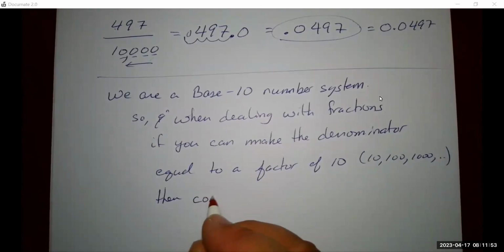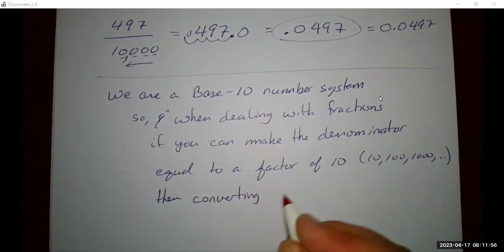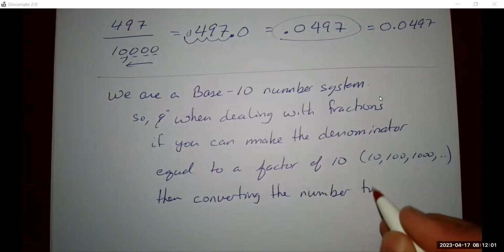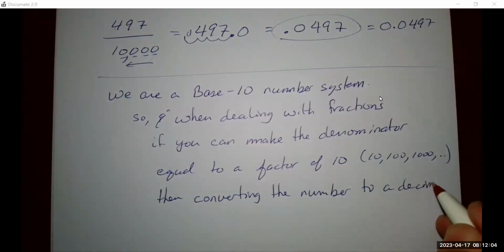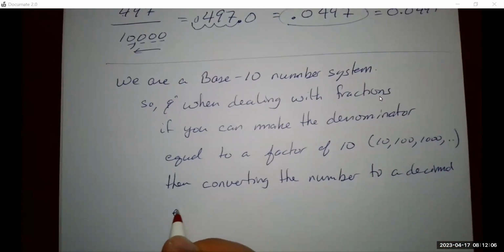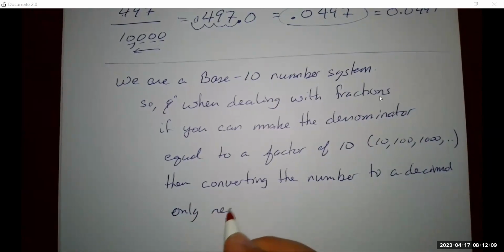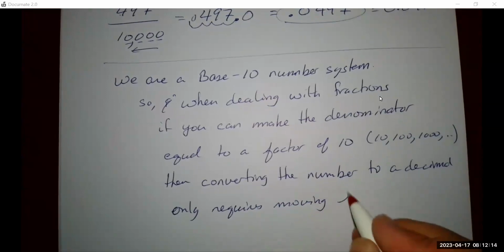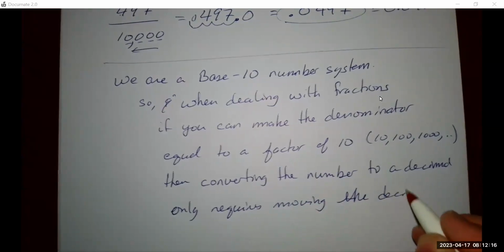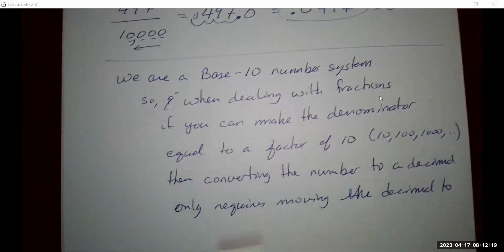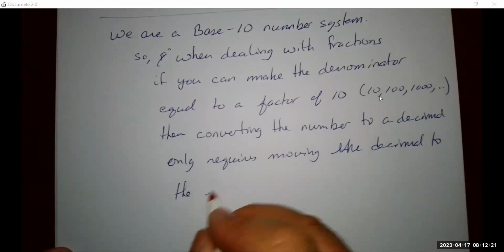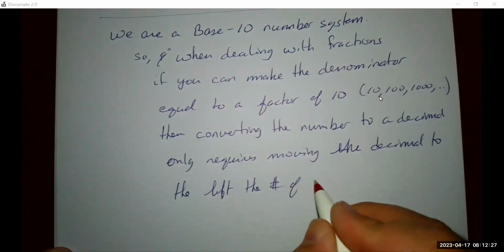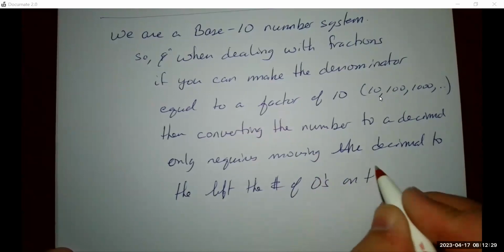then converting a number to a decimal only requires moving the decimal to the left the number of zeros on the bottom.